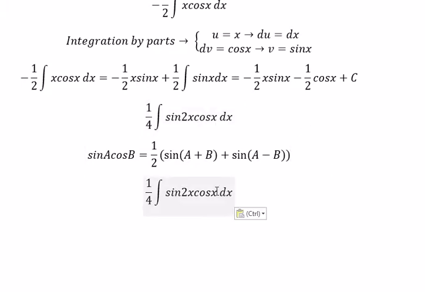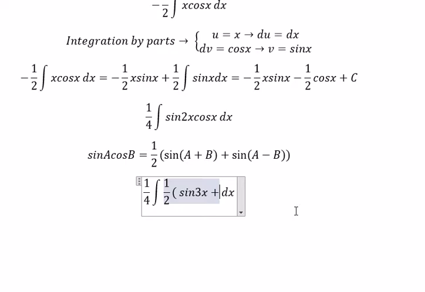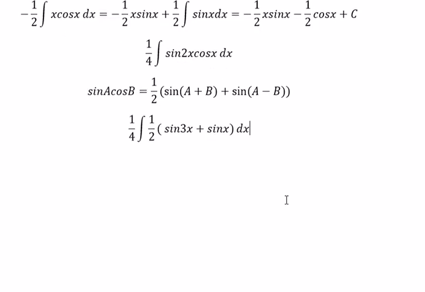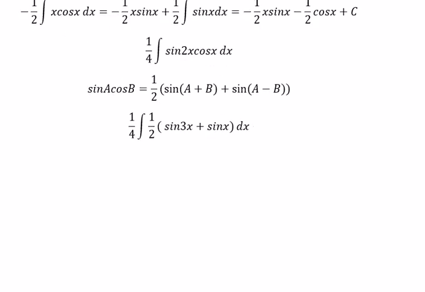And you get 1 over 2. This one you get sine 3s, and the next one you get sine s. So we put 1 over 2 outside, you get 1 over 8.